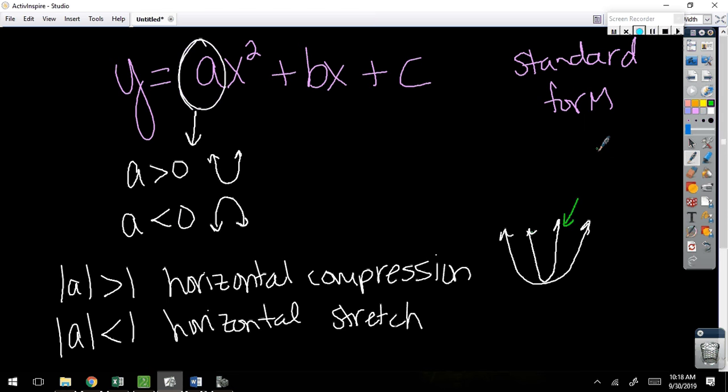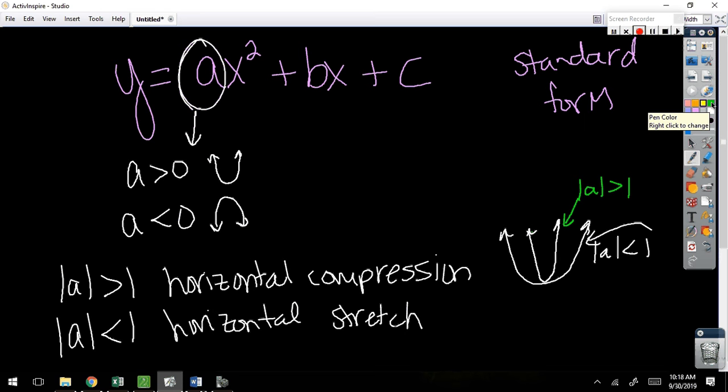So maybe this is greater than 1, and then this would be less than 1, okay? 1 is your parent graph. That's your average width, okay? So it's the same width as the parent graph there.